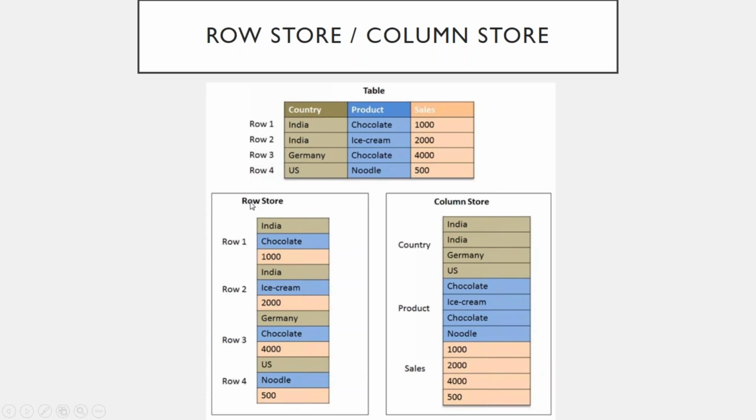This is how the row store stores the data in memory. When you come to the column store, since it has only 3 columns, country, product, and sales, the column store table stores the data in memory column-wise. It will take the whole column and store the data, then the second column, then the third column.